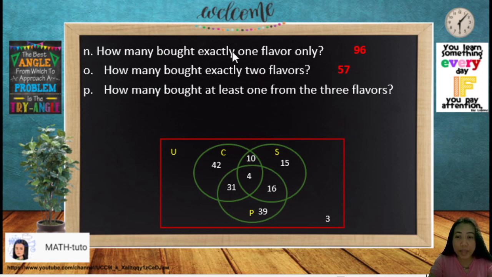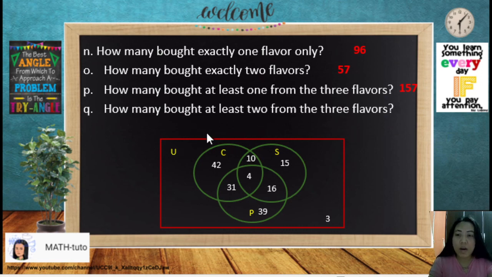So, to get that, since we know that 96 bought exactly one flavor, and then 57 bought 2 flavors, and 4 bought all 3 flavors. So that is 157. Actually, in this question, this is just the sum of all of the elements here, or the union of all 3 sets, which we know is 157.